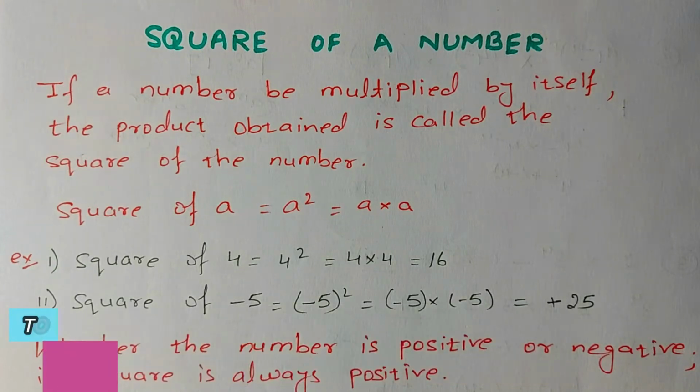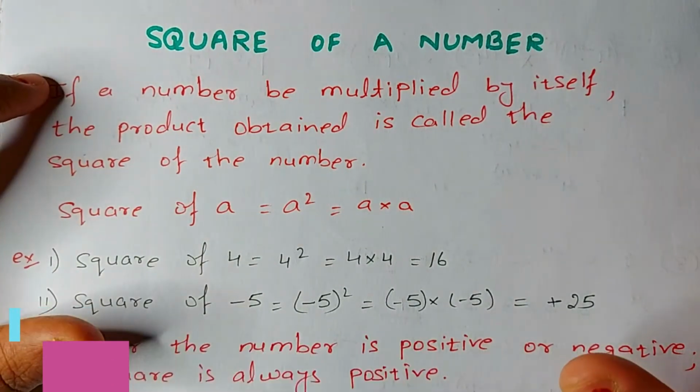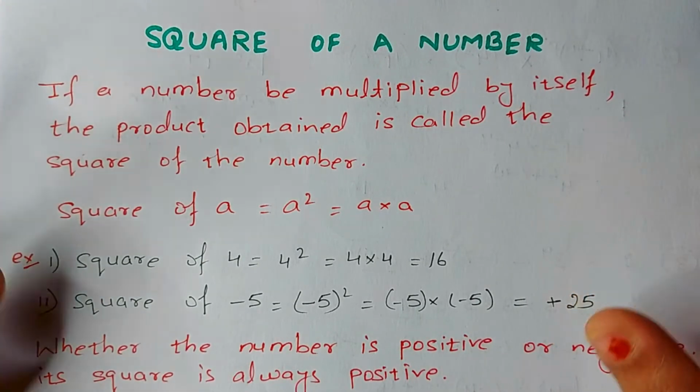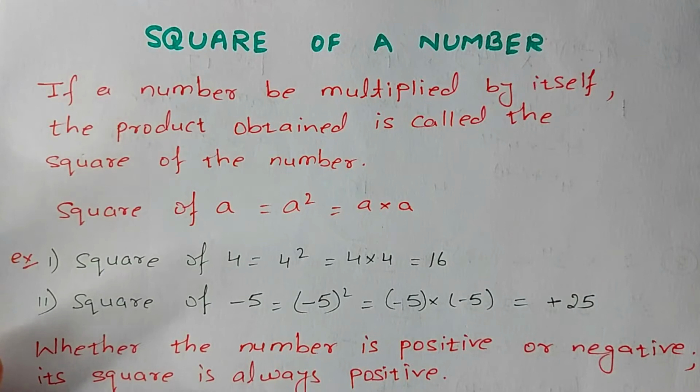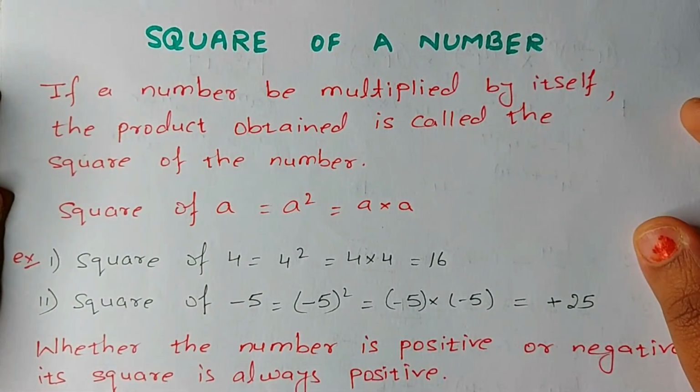Square of a number means multiplying a number 2 times. If a number is multiplied by itself, the product obtained is called the square of the number.